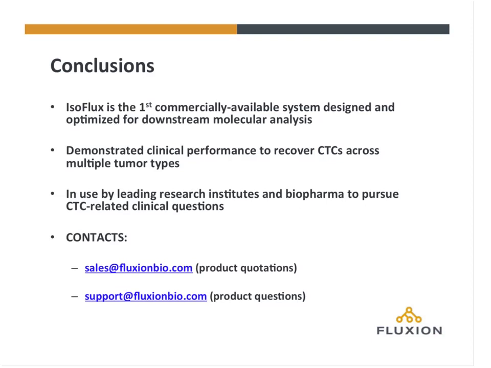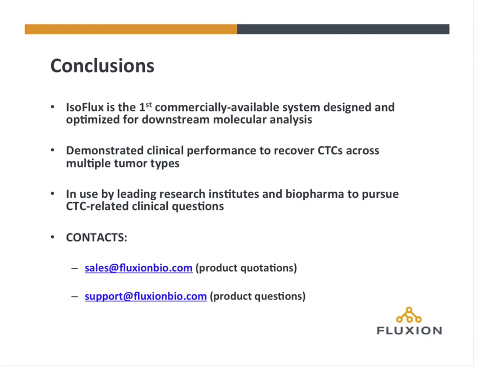The main difference is that the DEP array doesn't do any enrichment up front, and it's got a very limited sample input. I hope I don't misquote the specifications, but you can only add about 14 microliters of volume and some thousands of cells, but not hundreds of thousands or millions of cells.